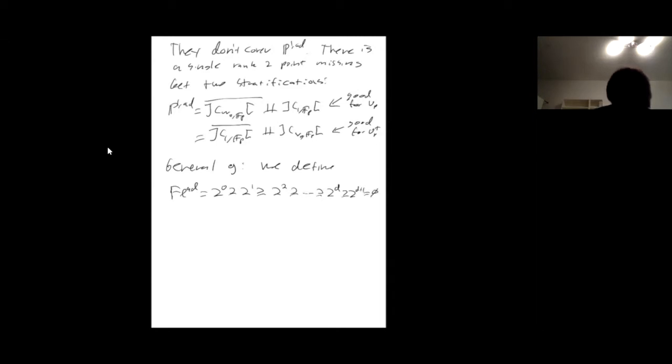And what is it? Well, okay, I write the formula. So we take the tube over the union of the Schubert cells corresponding to elements of length at least R.